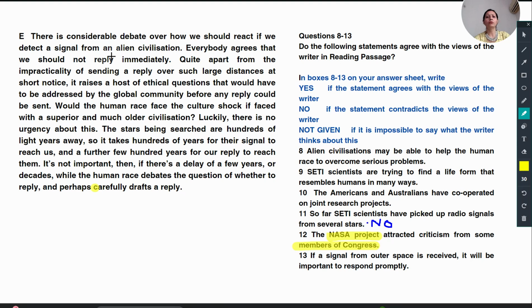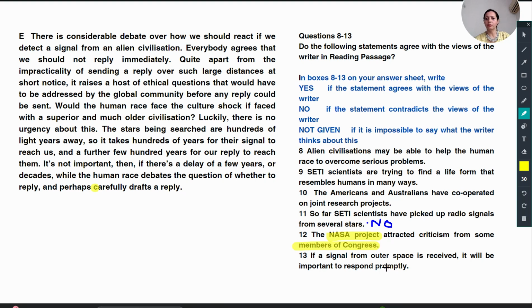Considerable debate over how we should react if we detect a signal from an alien civilization. Everybody agrees that we should not reply immediately, quite apart from sending a reply over a large distance at short notice. It raises a host of ethical questions. Okay, I am looking for NASA project, but I can't see NASA and members of Congress here. No. Okay, next question we can read, then we can decide.